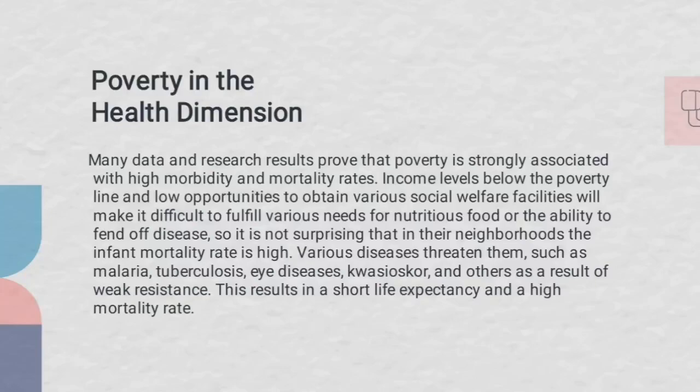So it is not surprising that in their neighborhoods the infant mortality rate is high. Various diseases threaten, such as malaria, tuberculosis, eye disease, kwashiorkor, and others as a result of weak resistance. This results in a short life expectancy and a high mortality rate.